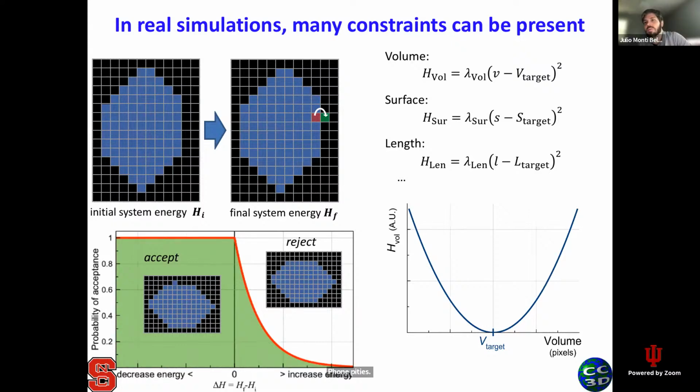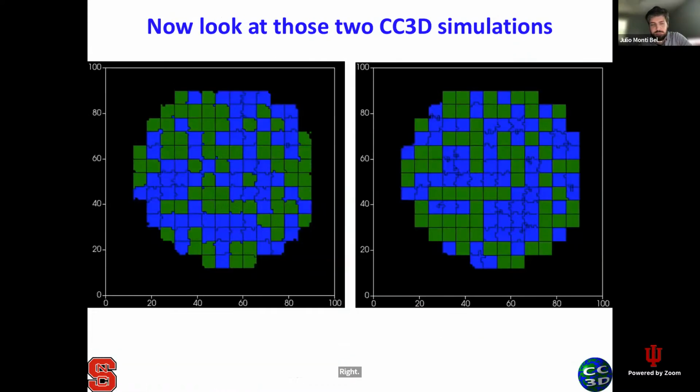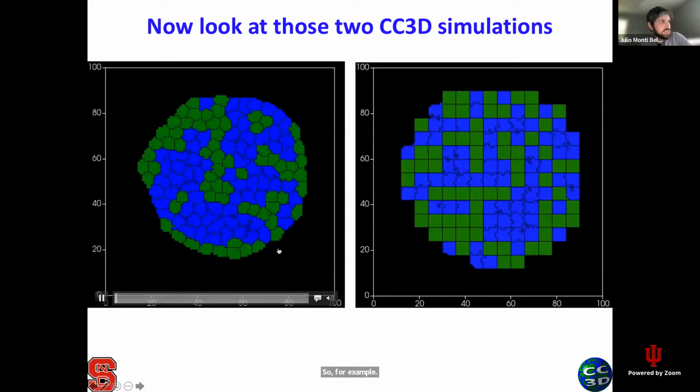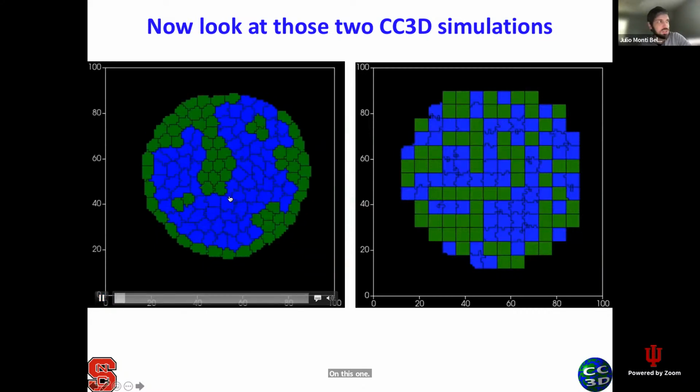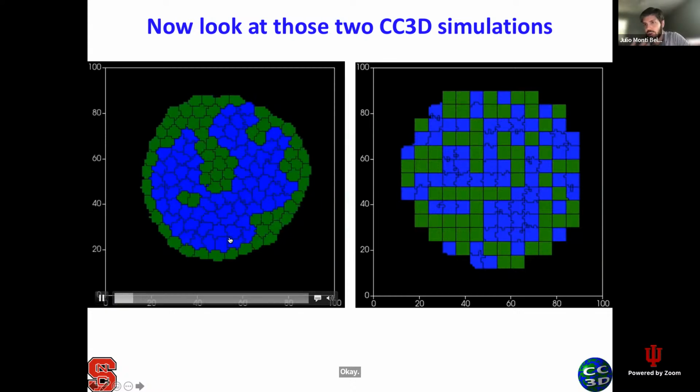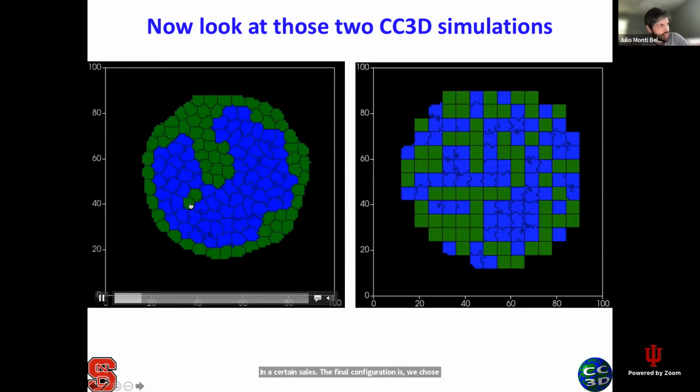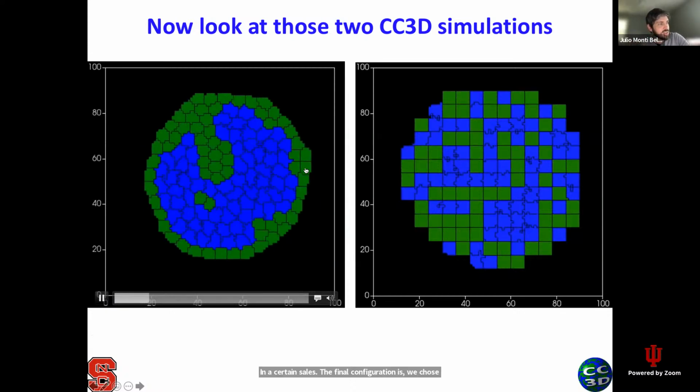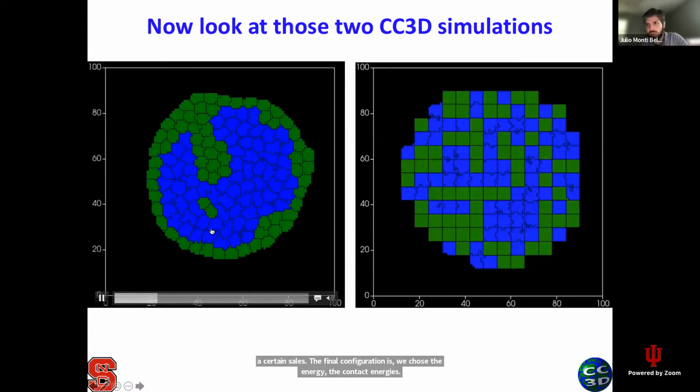that depends on what your initial condition is and how many cells you have in a simulation, right? So, for example, on this one, in a certain sense, the final configuration is such that we chose the contact energies so that the cells will sort out.